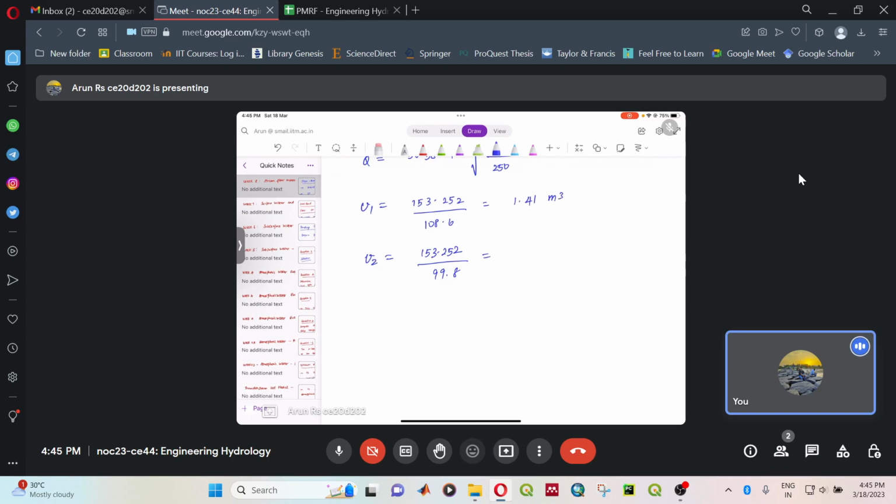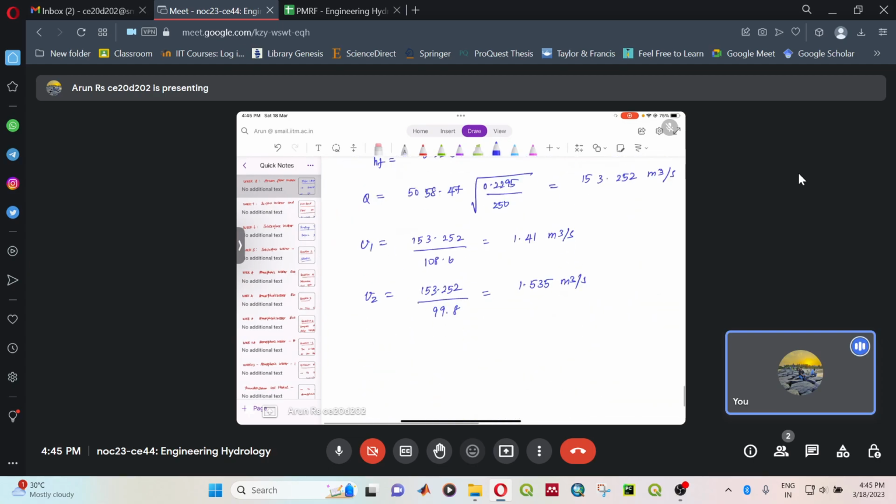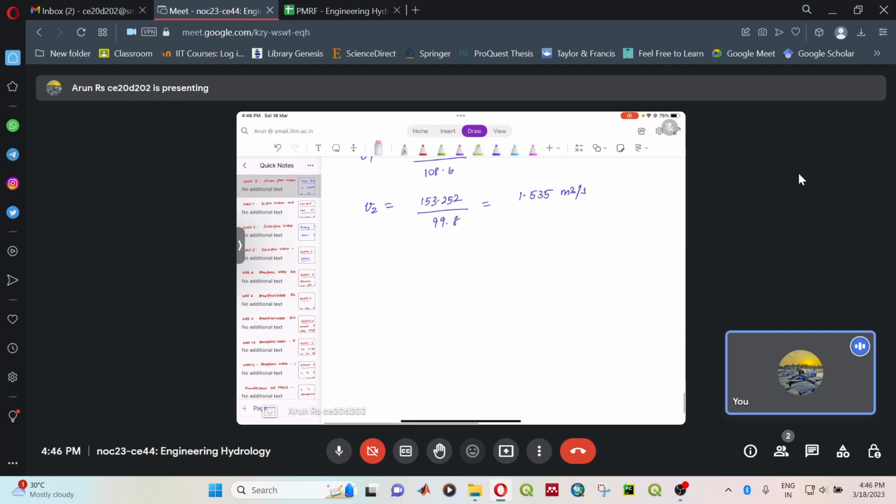So this is 1.4 meter per second. With respect to the previous iteration, the difference in the velocity is more or less similar. So we can stop the iteration, and the final discharge we estimated is Q equal to 153.252 meter cube per second.